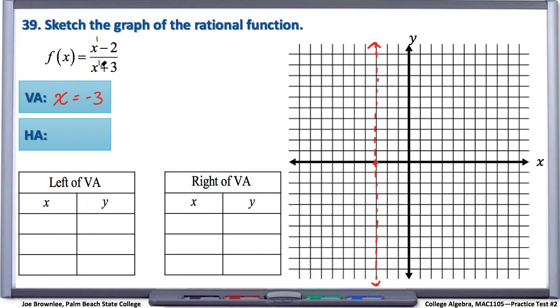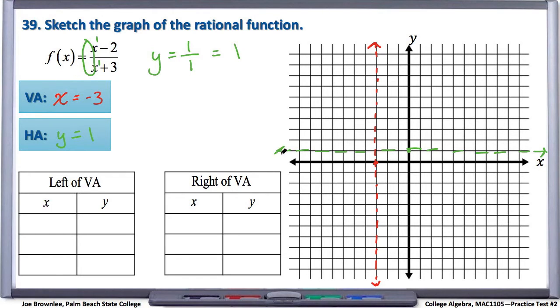Again, that's a 1. When the degrees of the numerator and denominator match, we take a ratio of the coefficients of the largest powers. So we'll have y equals 1 over 1, which reduces to just 1. So y equals 1 is our horizontal asymptote, and we'll go ahead and draw that.